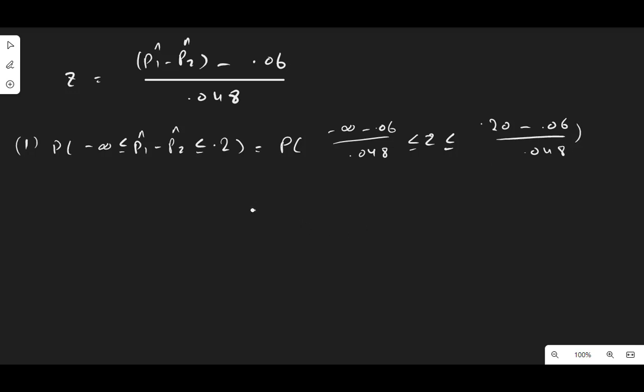If you calculate it, you get the probability that minus infinity is less than Z is less than 2.91.